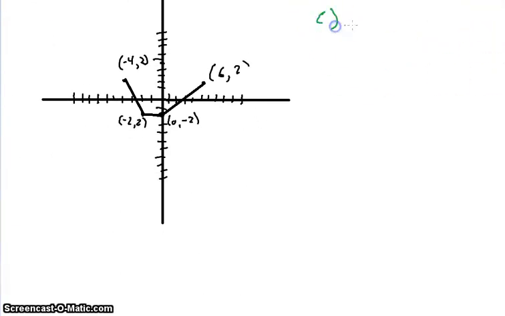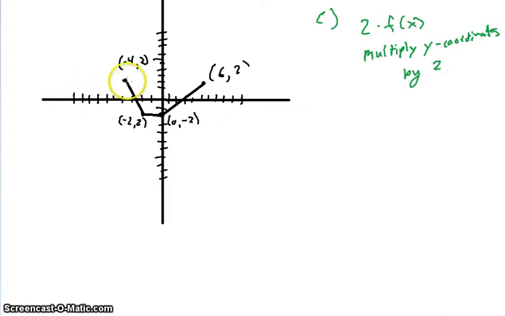For part C, it says 2 times f of x. Again, this is y, so we are magnifying or dilating the y coordinates by 2. I'm going to multiply every y coordinate I see by 2. So instead of -4, 2, it's going to be -4, 4. So that's going to go up to here.